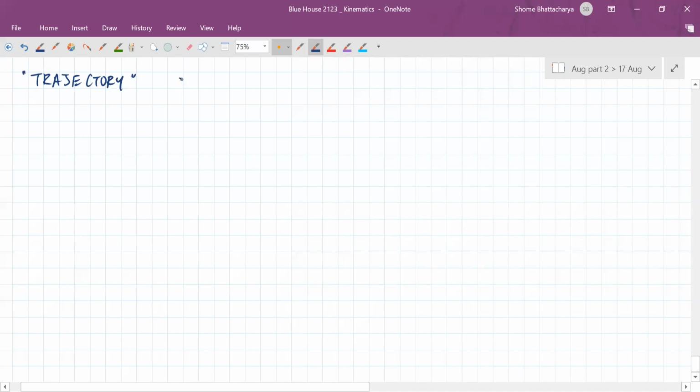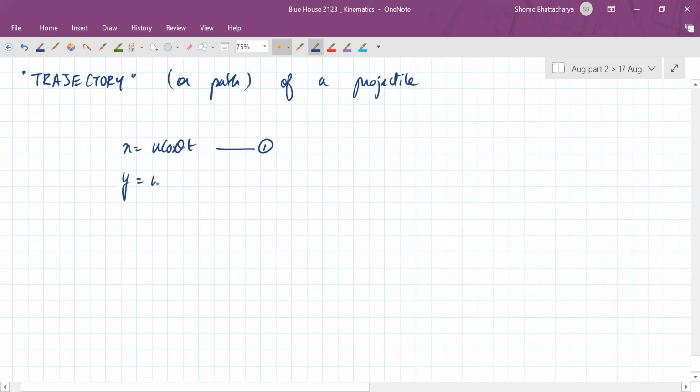Trajectory or path of a projectile. That is, what is the exact shape of the curve that it follows. So that we get from the equations. x as a function of time was u cos theta t, and y as a function of time was u sin theta t minus half gt square.